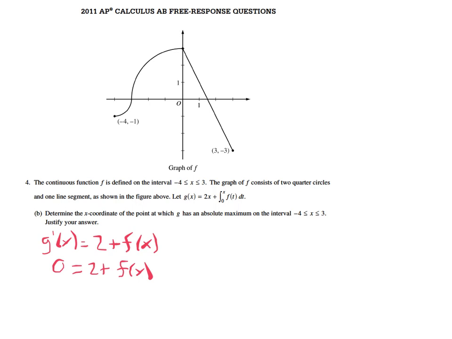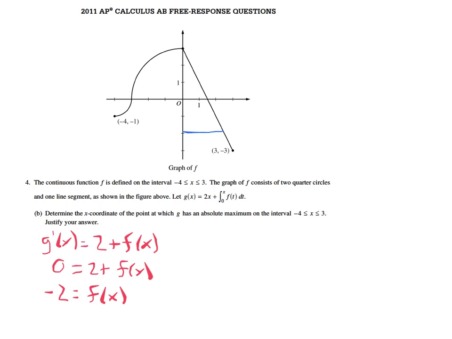Solve this, and we're basically looking for where is f of x equal to negative 2. So, when we look at the graph, we can see that negative 2, right there. Now, it looks like that's going to be somewhere between x equals 2 and x equals 3.